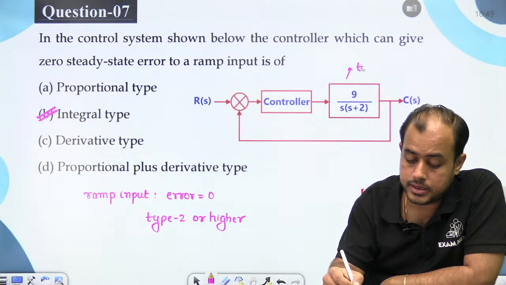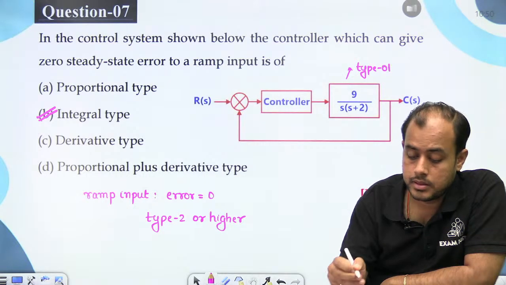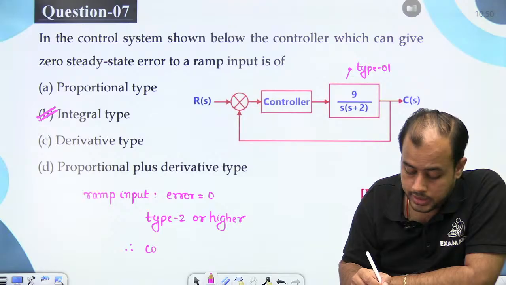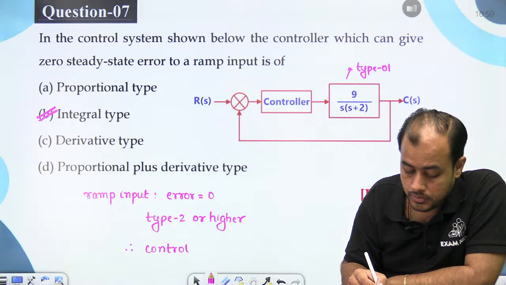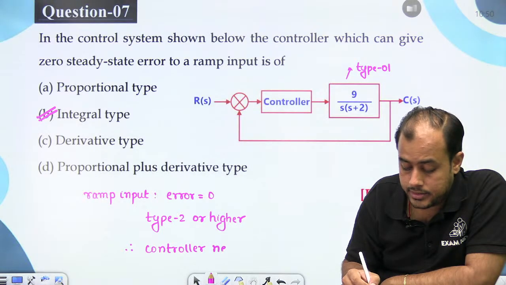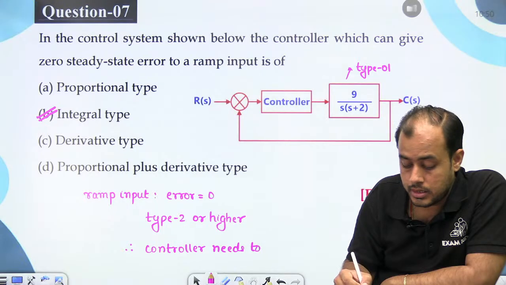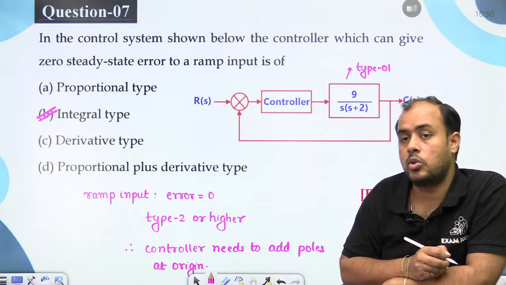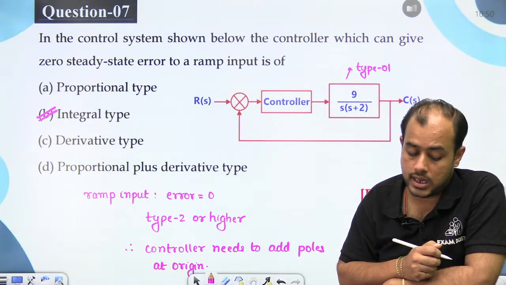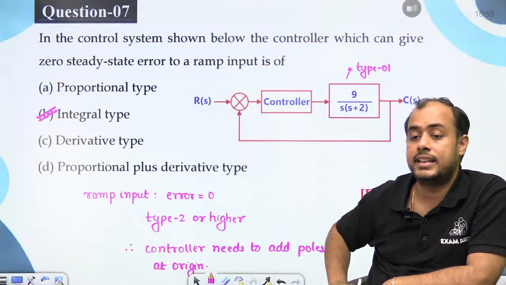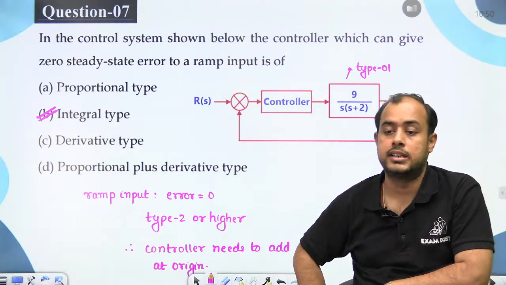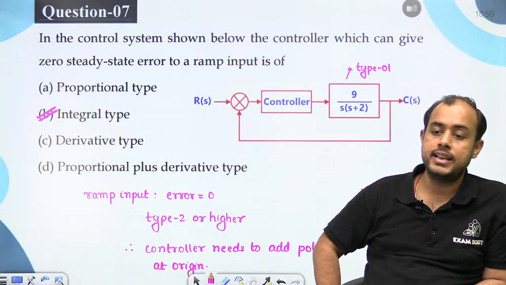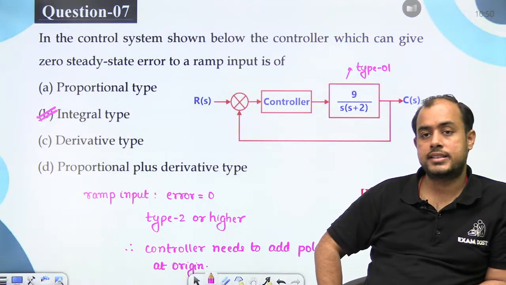This is type 1. Therefore, controller needs to add poles at origin. ठीक है, कंट्रोलर को ओरिजिन पे पोल ऐड करना होगा। For that I need integral type of controller.